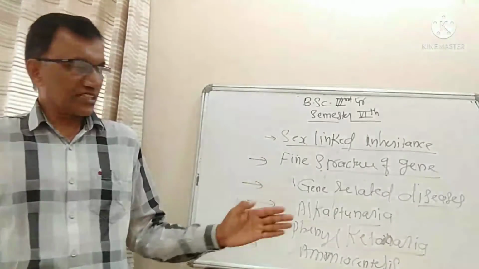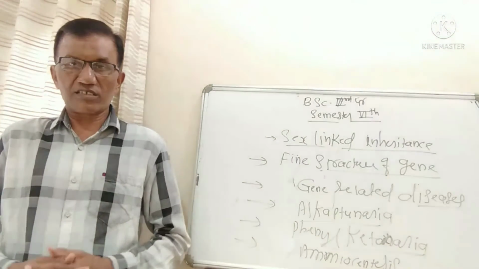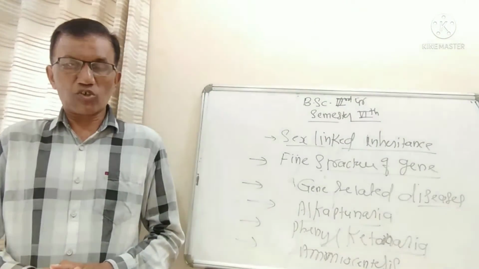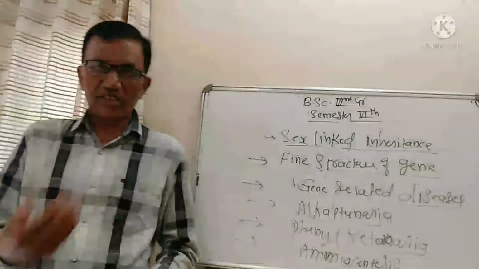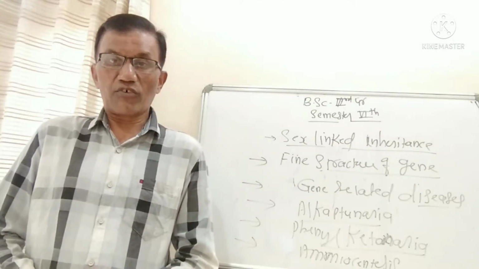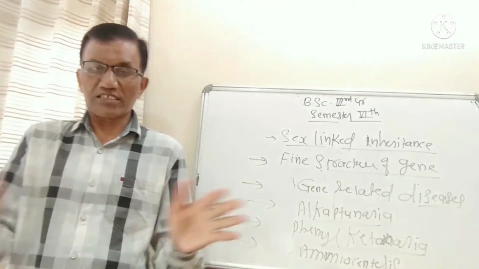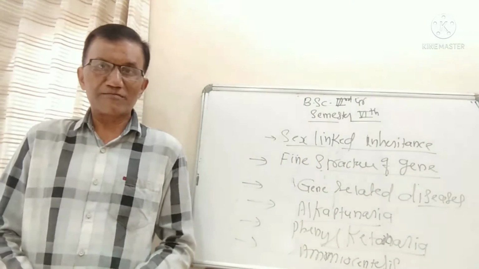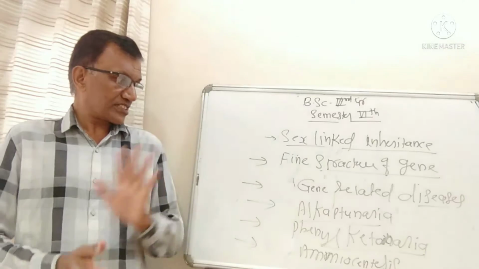So they explain what is meant by recombination, what is meant by mutation, and what is meant by cistron. That explains the fine structure of genes. So this is about the fine structure of genes.